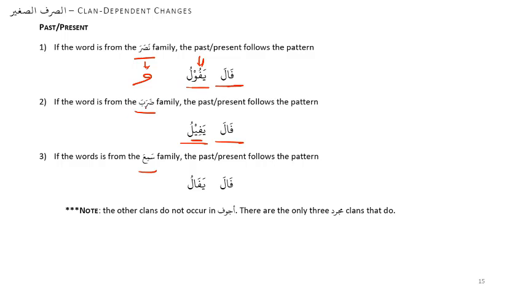With Daraba yadribu, you have a kasra and a ya. And with Samia, what's the present tense? Yasma'u. So here you have a fatha and an alif. So a lot of rules, but if you just remember the simple larger point that the Arabs want to make it sound smooth, then hopefully these will be easier to remember.